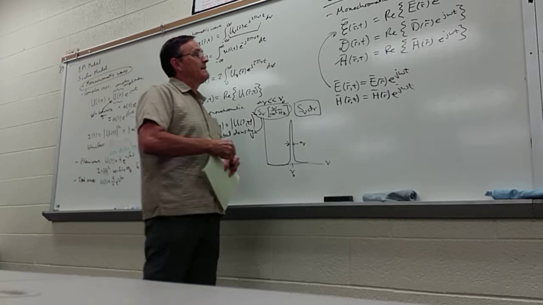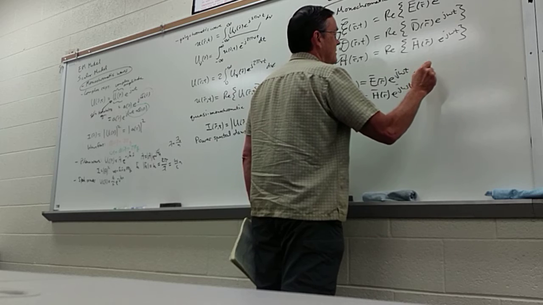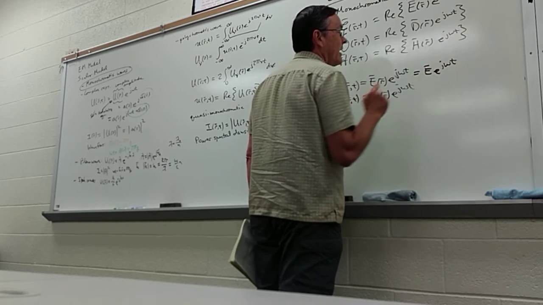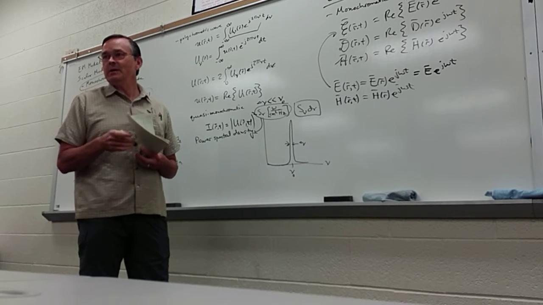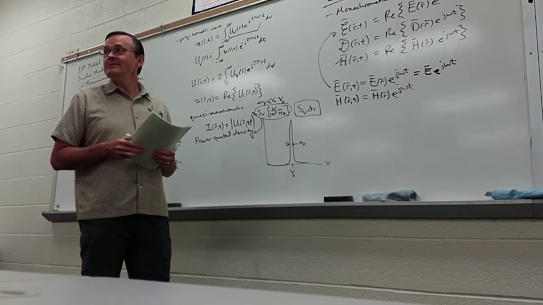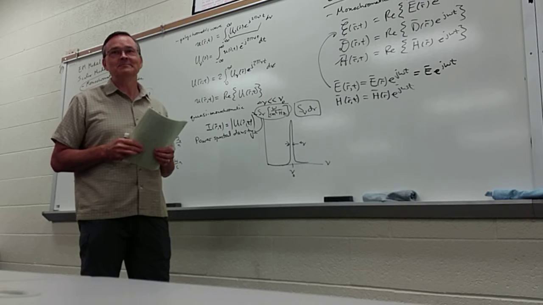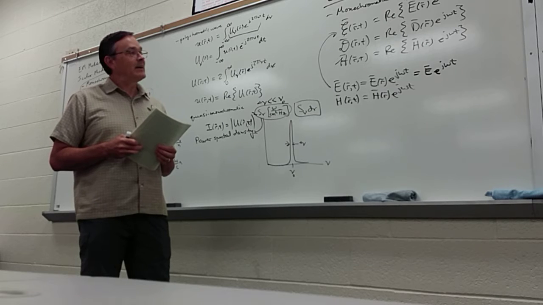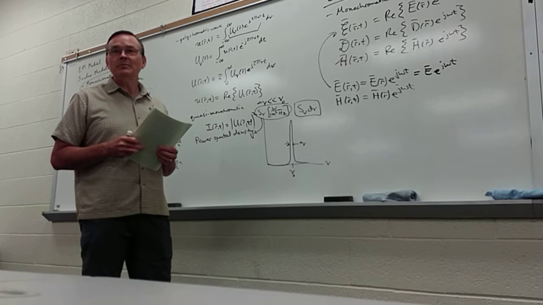Okay, great. Now, what if I wrote this like that, and I suppress the explicit spatial dependence? Gets shorter. And if we're lazy, then we kind of like doing that. And for better or worse, that's kind of what people do in optics.